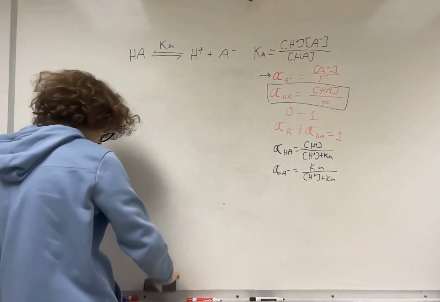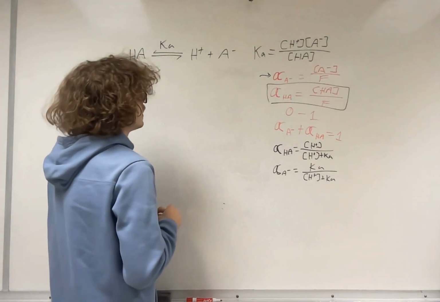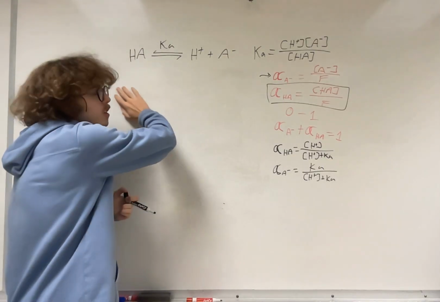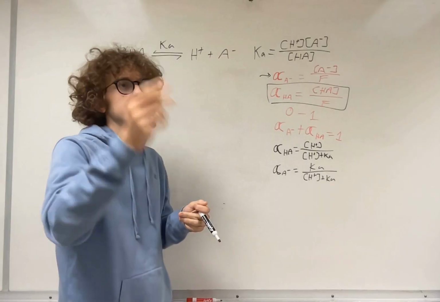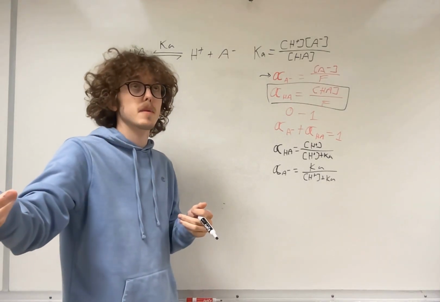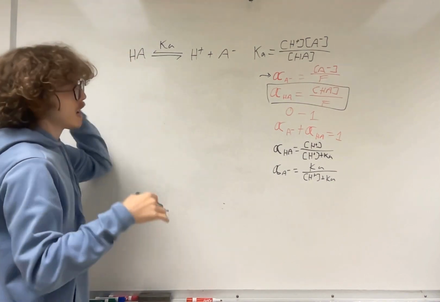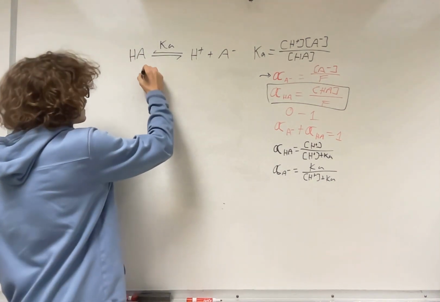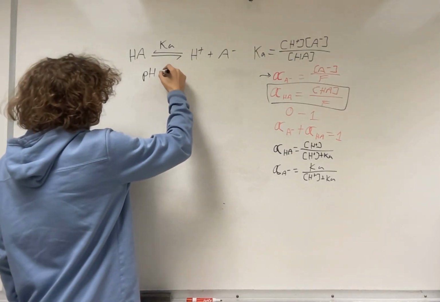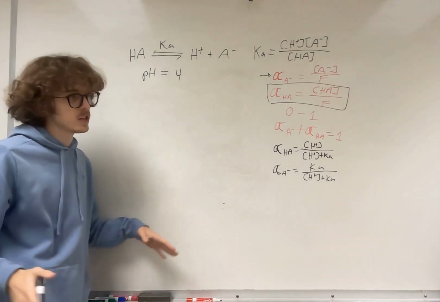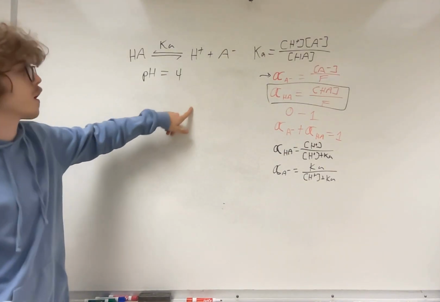So let's assume we have some acid. I'm not going to point to a real acid because I can't think of any pKa's off the top of my head. I apologize. Let's say there's some hypothetical acid with a pH of 4. So when you put it in pure water, deionized water, you're going to get a pH of 4.